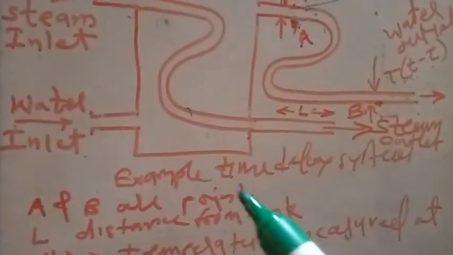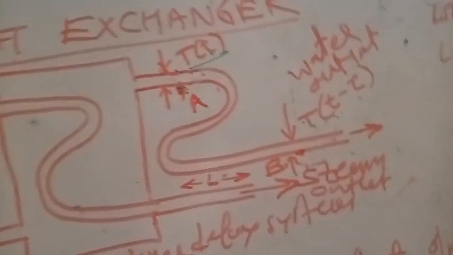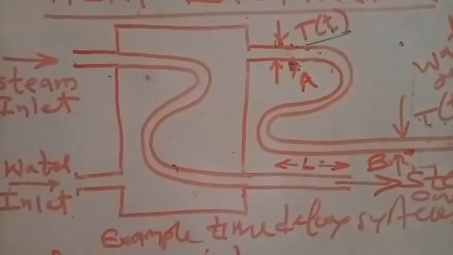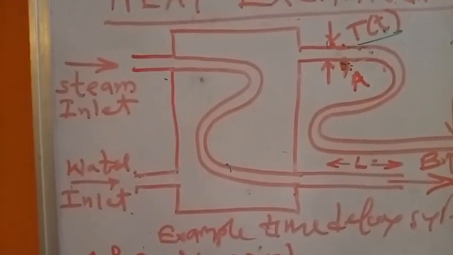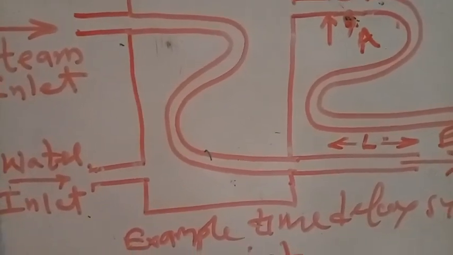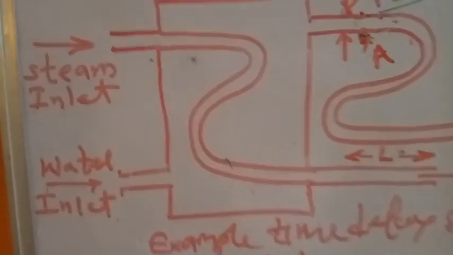So this is one simple diagram of a heat exchanger. In this heat exchanger, the transfer of heat takes place between the steam in the jacket and the water in the tank.